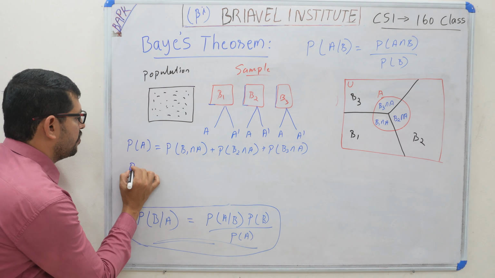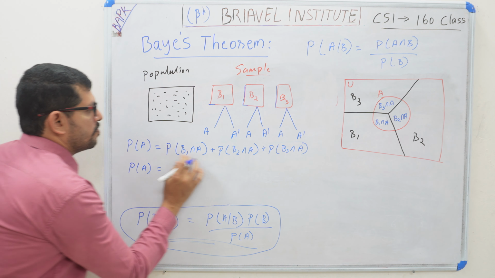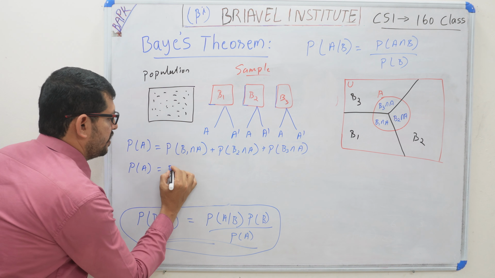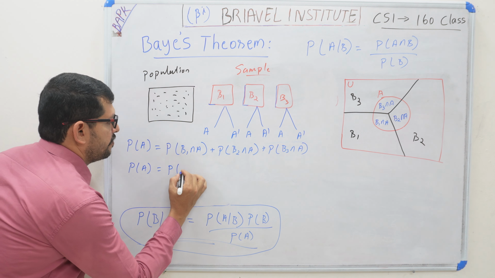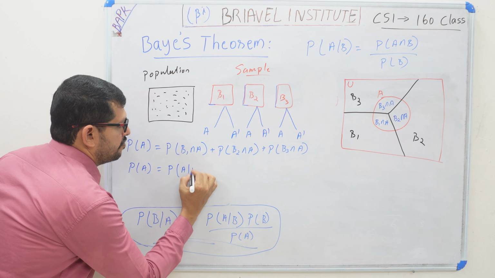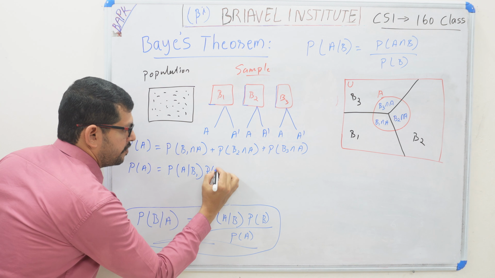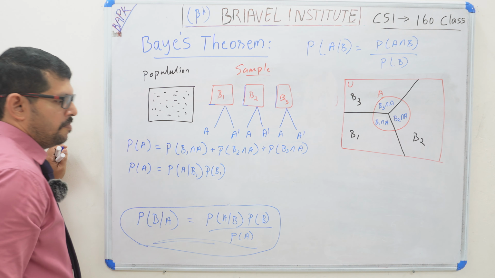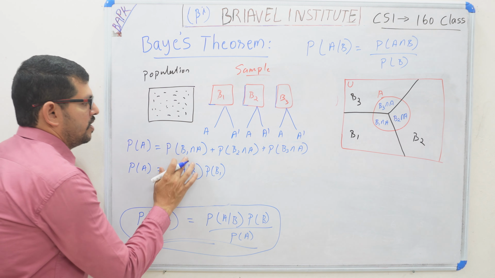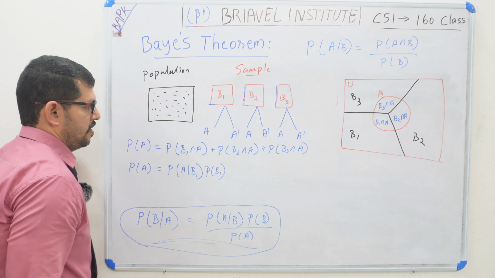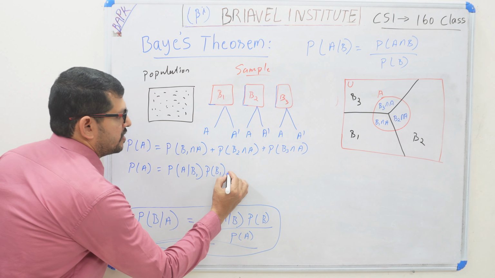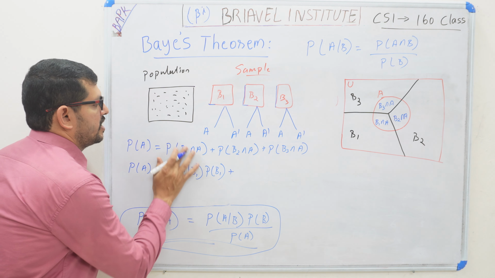So this probability of A, we can write for all these possibilities: probability of A intersection B1, probability of B1, plus this, we can write A intersection B1 also.